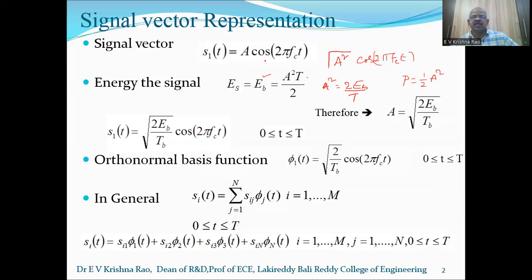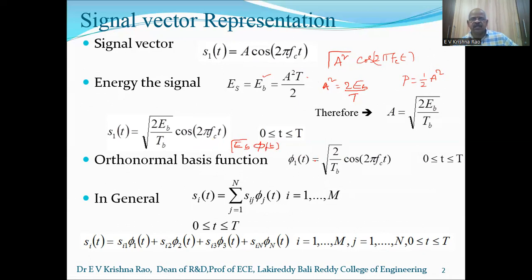The signal vector A cos 2 pi fct can be written as root 2 EB by TB cos 2 pi fct during the bit period 0 to TB. So if we split this, the signal vector is root EB into phi 1 of t.